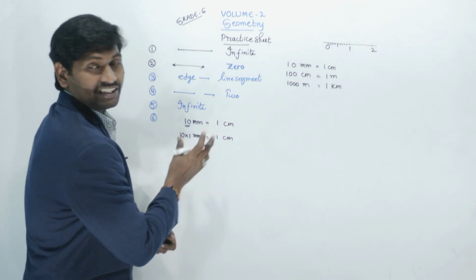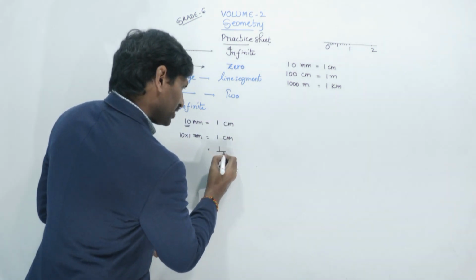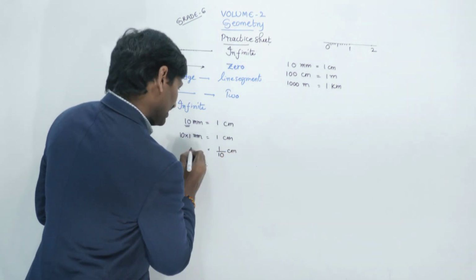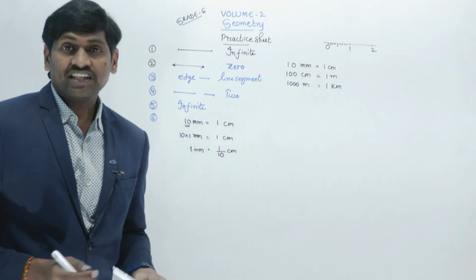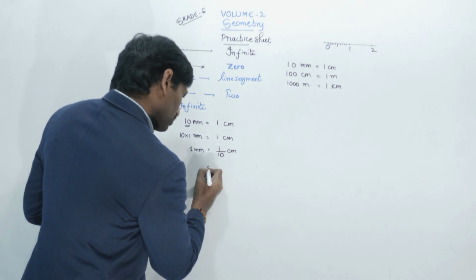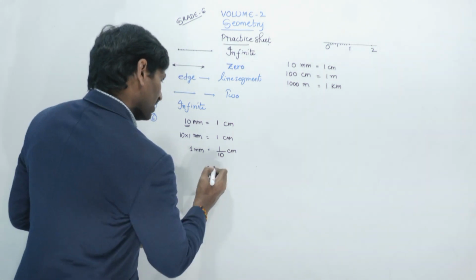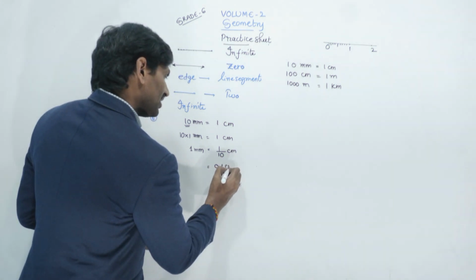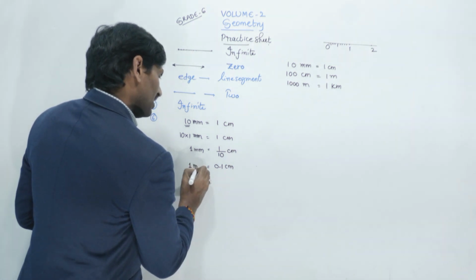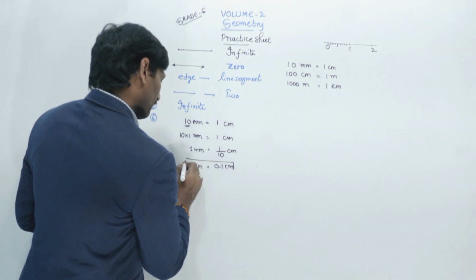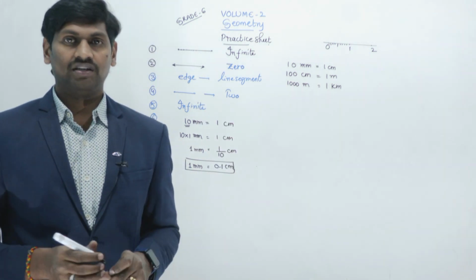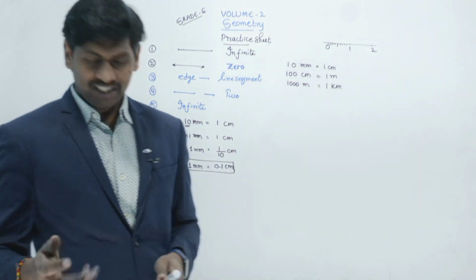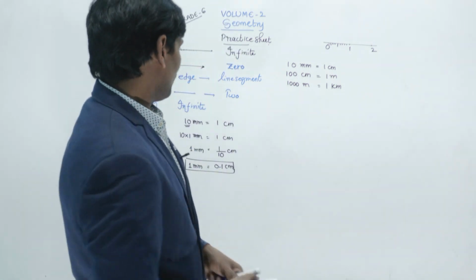The multiplying 10 transposes, that is, it is going to divide. So 1 millimeter equals 1 by 10 centimeters. If you convert this 1 by 10 into decimal form, it will be 0.1 centimeters. 1 millimeter equals 0.1 centimeters.